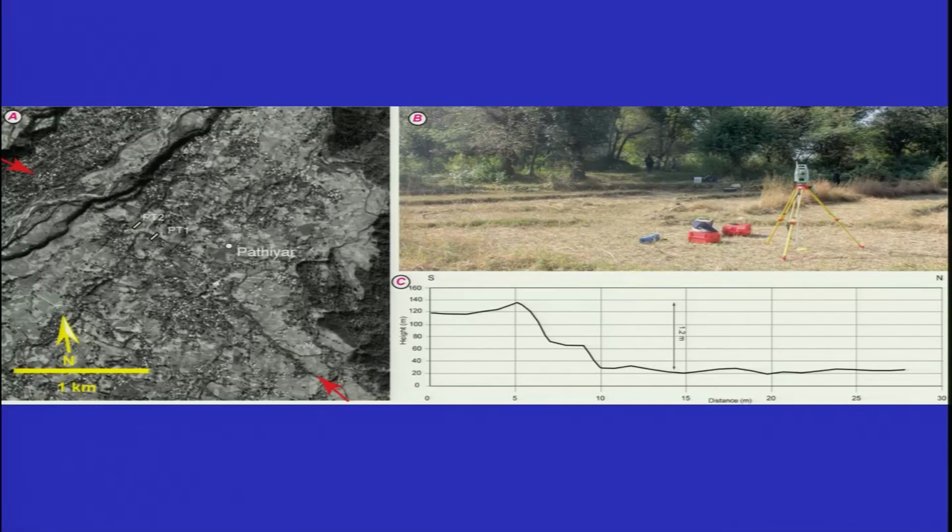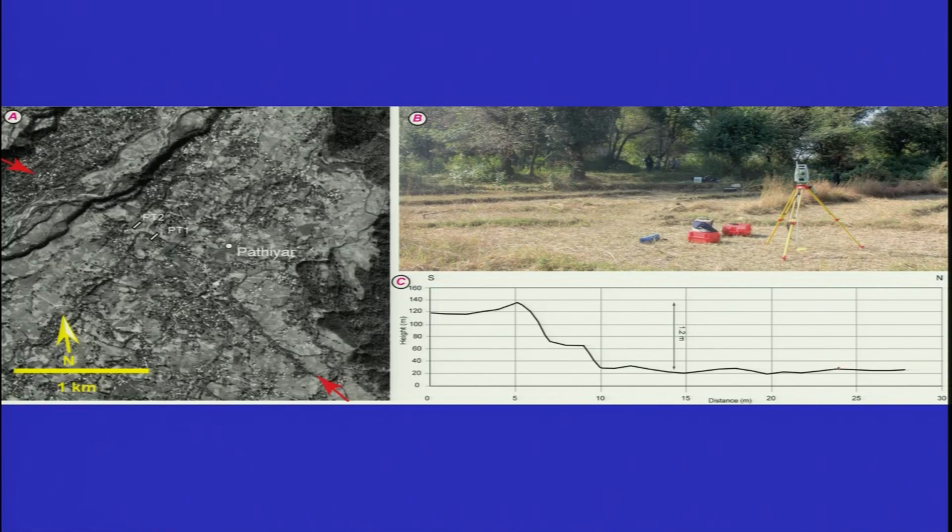We must do this. So this is an example of the same what I was talking about, that we identified the fault trace using the high resolution satellite data, went into the field, and identified the landform at that same location. We use the total station and we prepare the topographic profile here.